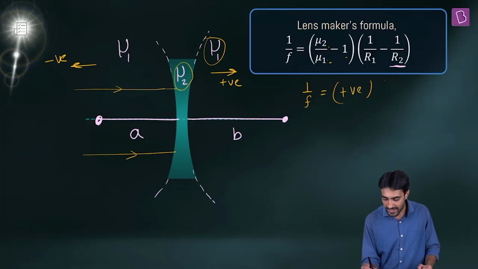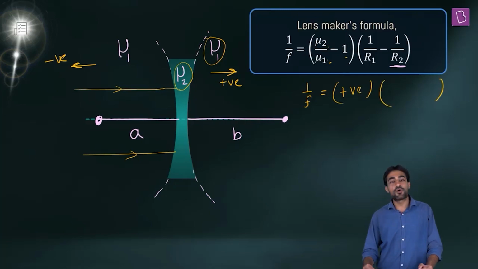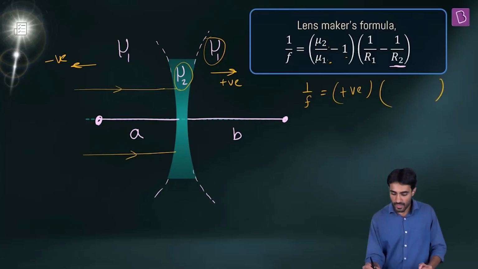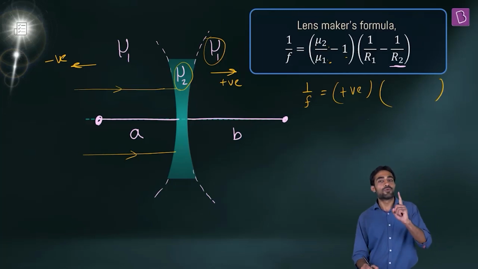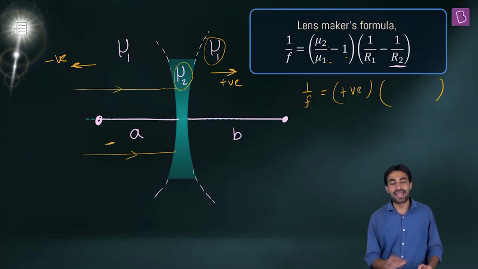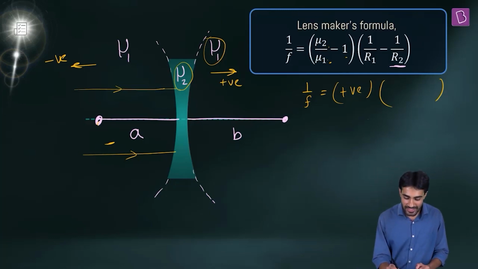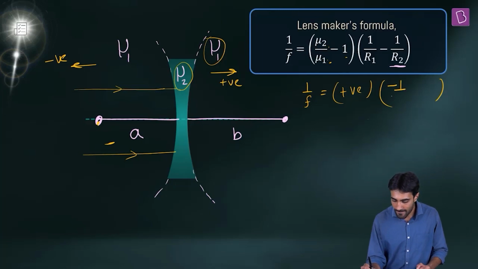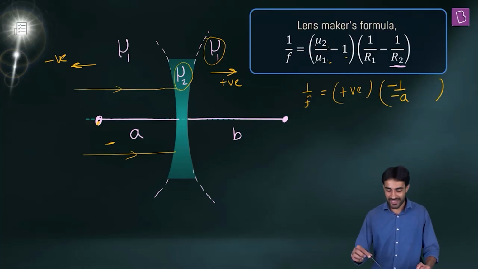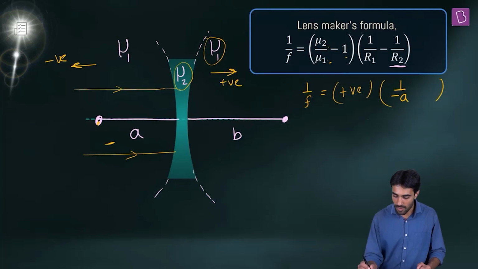And then the second term, is it positive or negative? Well, let's see. 1 upon r1. Now r1 you can see is negative, because it is on the negative side. So we will write 1 upon minus a.